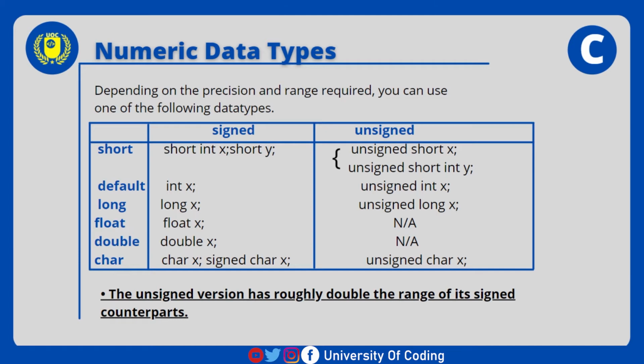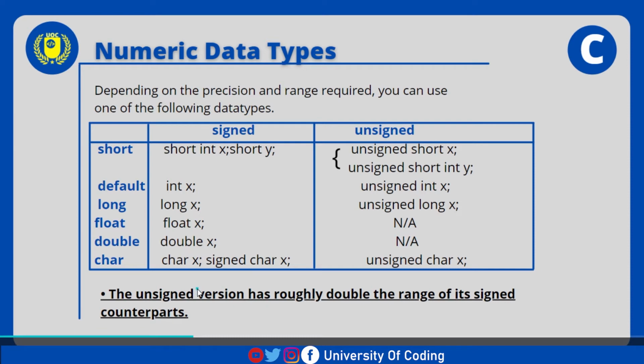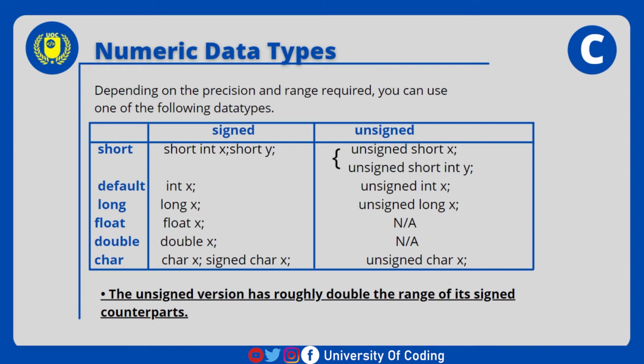The important point is there are no unsigned float or unsigned double values here. And character can be signed and unsigned as well. Whenever you initialize a character to a variable, that variable will take the ASCII value of that particular character.